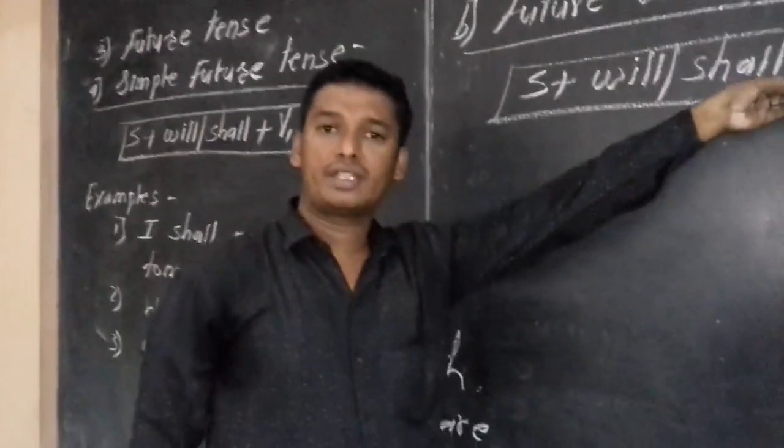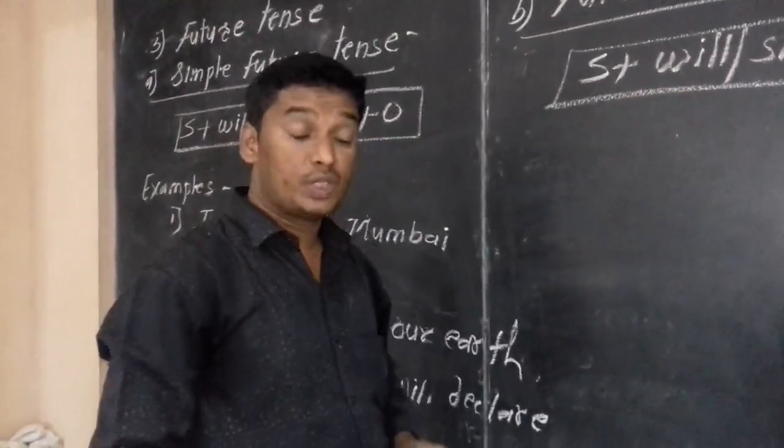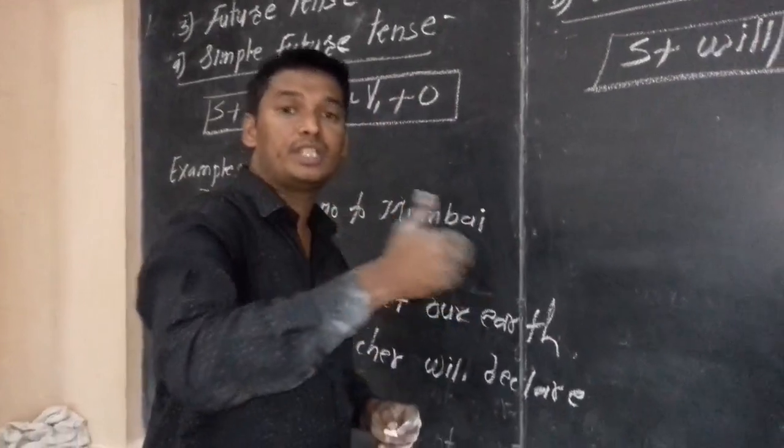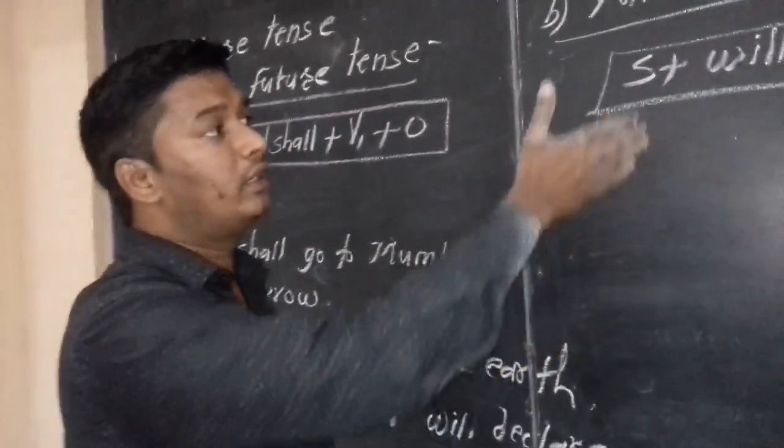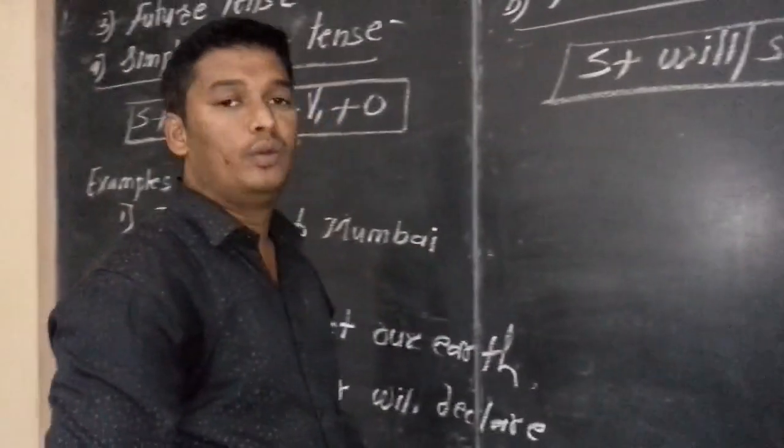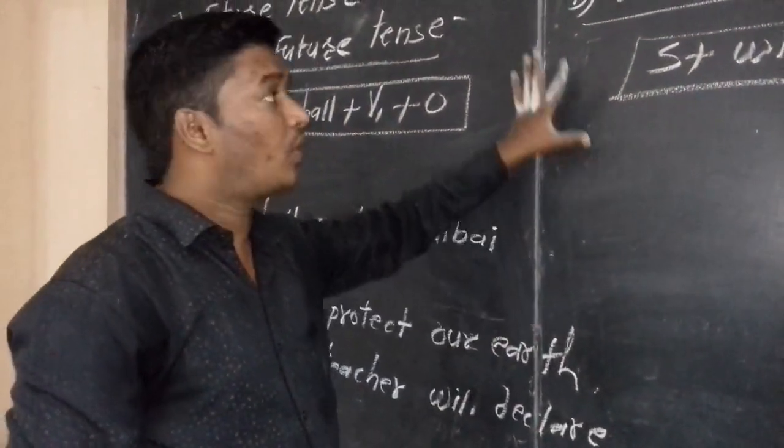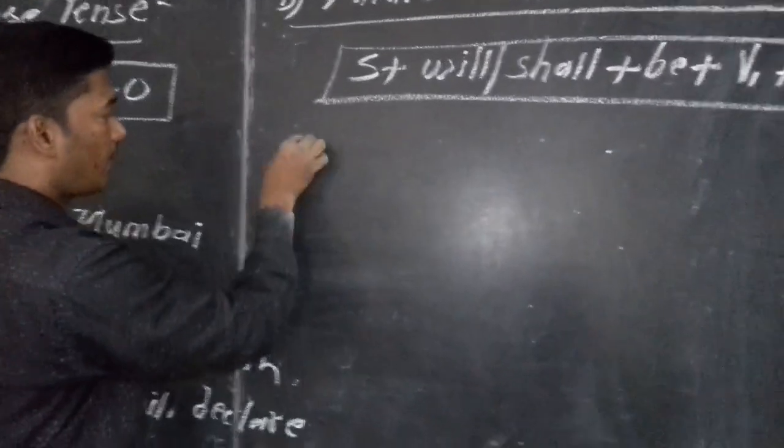It's one extra word which is not in present continuous and past continuous. We have to take the auxiliary verb be after shall and will. Now look at some examples of future continuous tense.